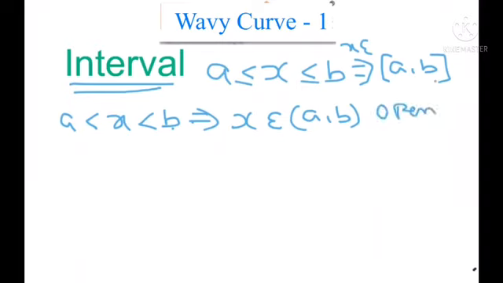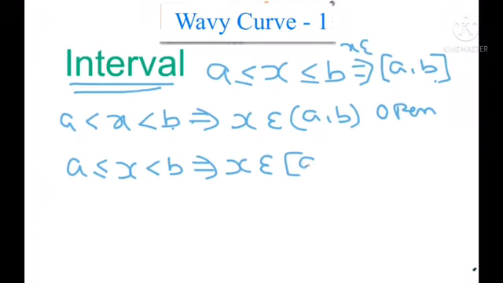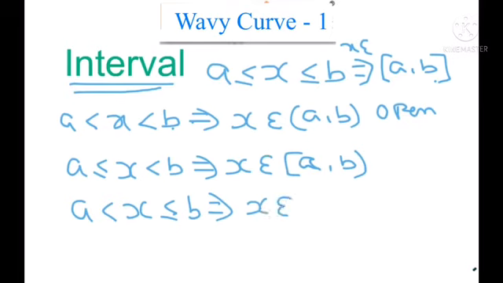This one is closed. We may have a situation when one part is equal: a ≤ x < b. This can be represented as x belongs to [a, b). Or if we have a < x ≤ b, then we can represent it as x belongs to (a, b].